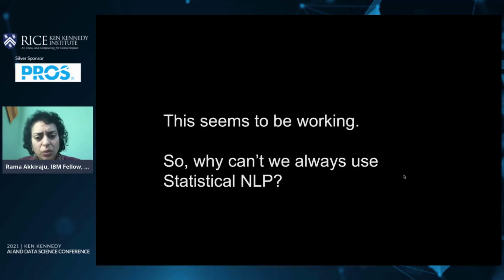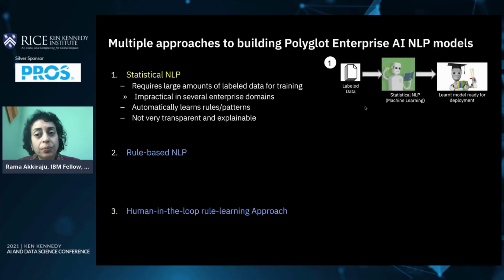So why can't we just always use statistical NLP? Well, the problem is that we had to supply, in the previous example, 100K labeled data in each language to get to that level of accuracy. And that's actually a small amount. In order to really get better accuracy beyond 60%, 70%, you have to have very large amounts of labeled data. The same goes for speech to text recognition, and for understanding entities and other things.